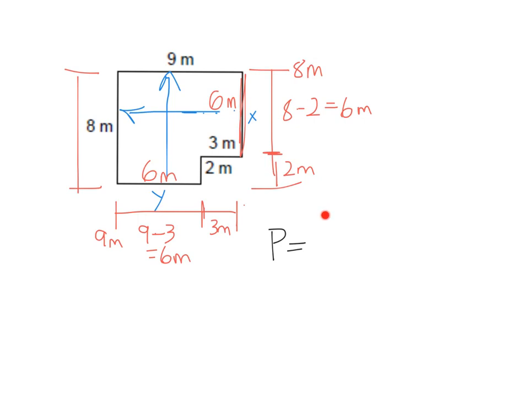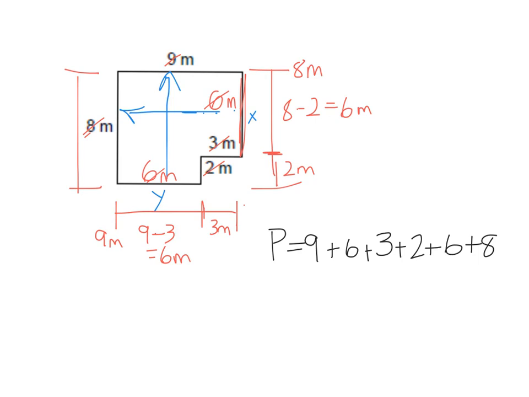So P equals 9 plus 6 plus 3 plus 2 plus 6 plus 8. I can just double check that I got all of the numbers: 9, 6, 3, 2, 6, 8. So I've got all the numbers that I need.